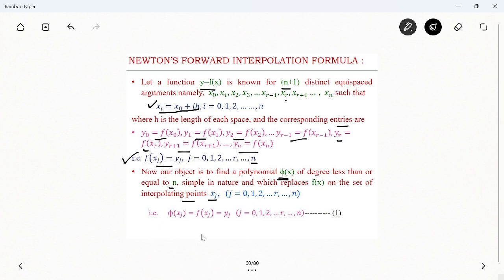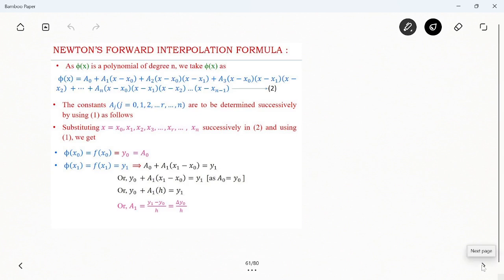These are the interpolating points. So we can write phi of xj equals f of xj equals yj, j from 0, 1 up to n. So here we have to find that polynomial phi(x) of degree less than or equal to n, which is simple in nature and which replaces f(x) on the set of interpolating points.